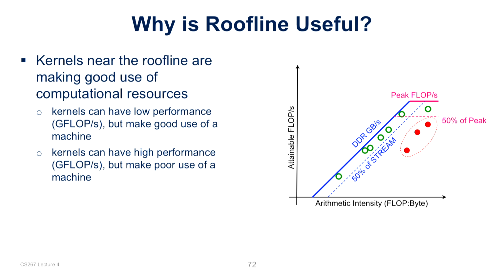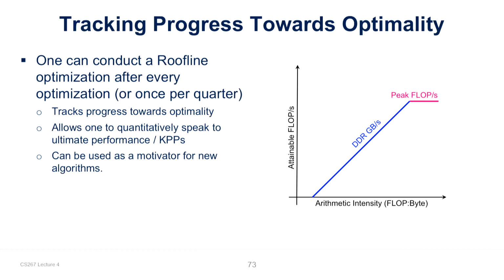But the kernels that have high performance but are making poor use of the machine are going to be further away from that peak. So it tells you how well you're using the machine given the way you've organized the data movement in the code. And you can do a new roofline every time you change the code, to make sure you haven't had performance degradation.